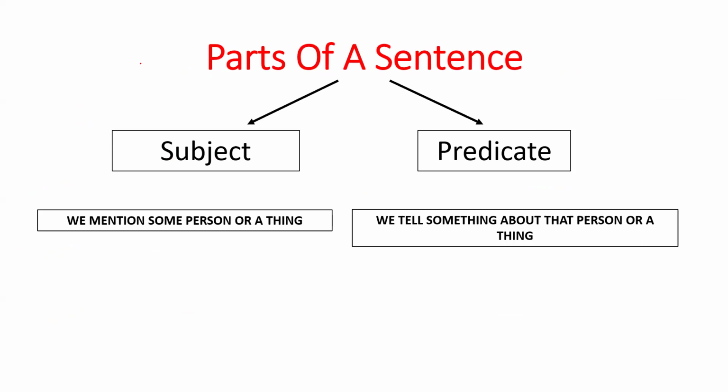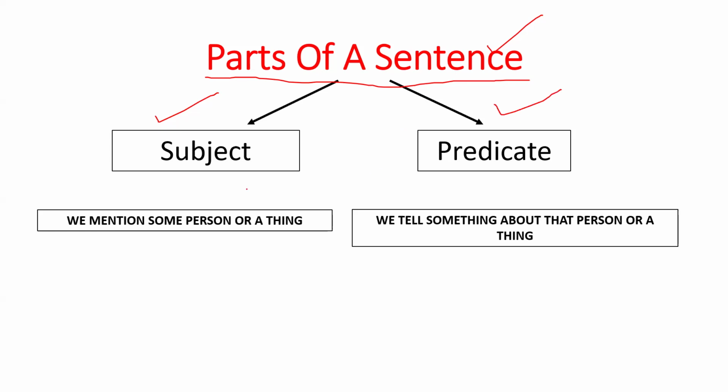In the very beginning, the definition which I told you about sentence was the very basic one. In English, we come across the parts of a sentence which make it exactly a sentence. So, what are those parts of a sentence? There are two basic parts of a sentence: one is the subject, one is the predicate.